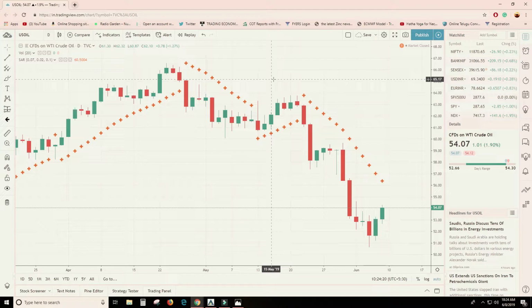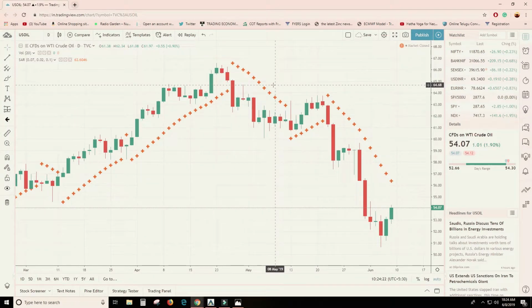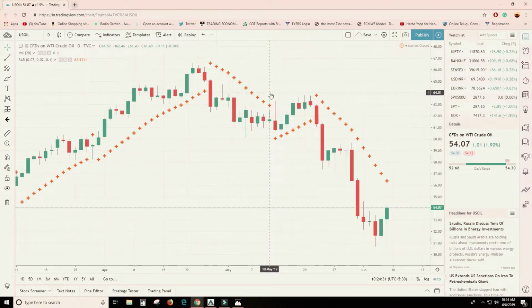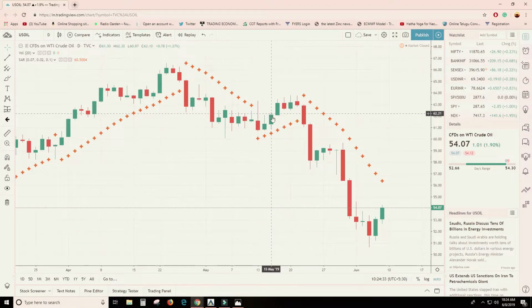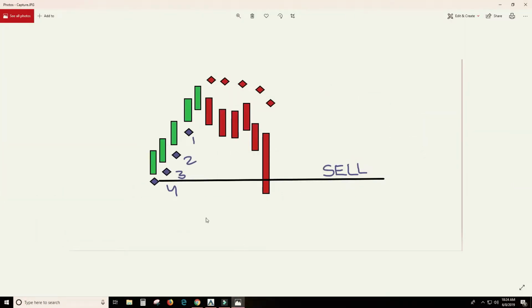So now I have to find out whether the signal is genuine or it's going to be fake. I will explain how to filter it. Here is a chart. When a sell signal came, you can see the dot here.